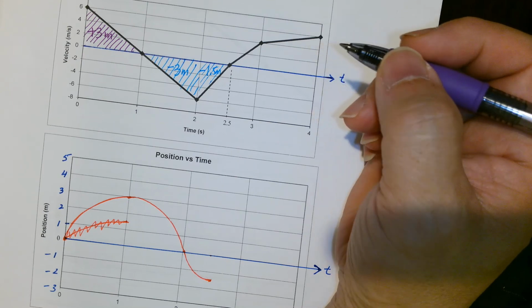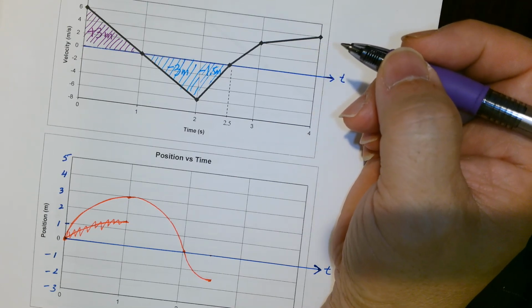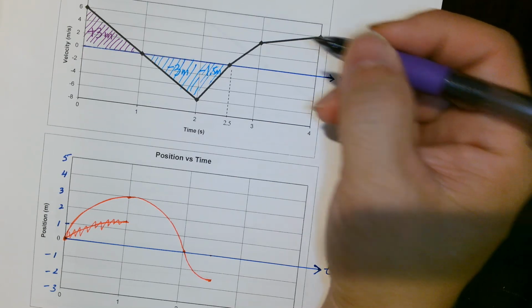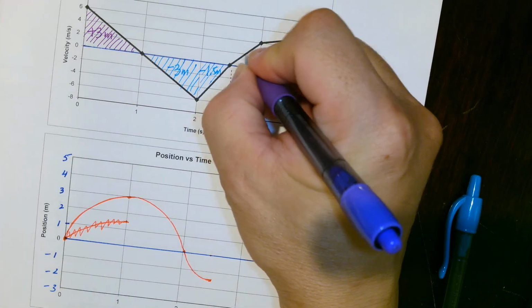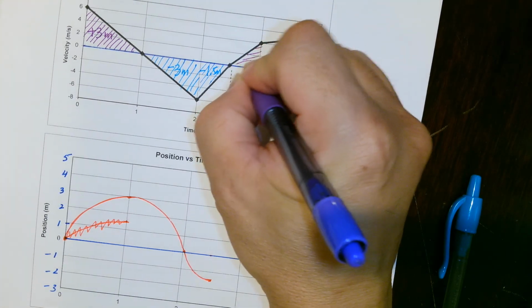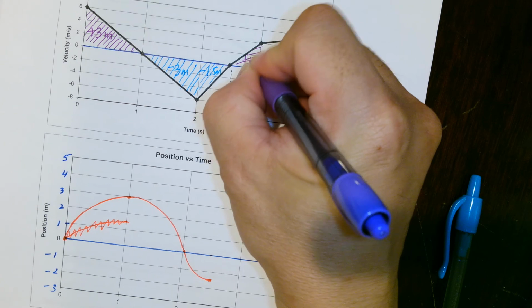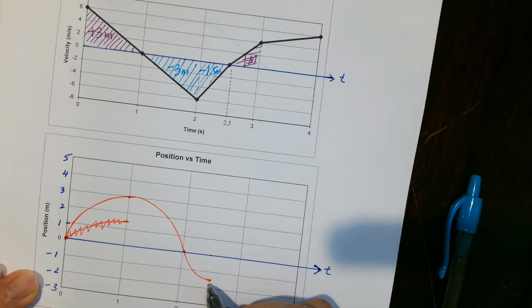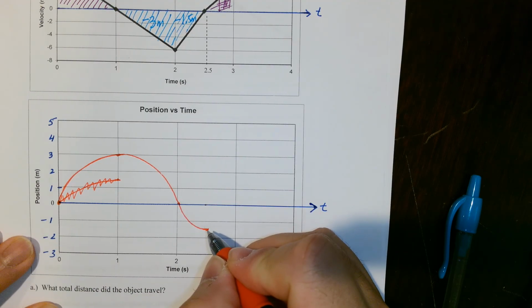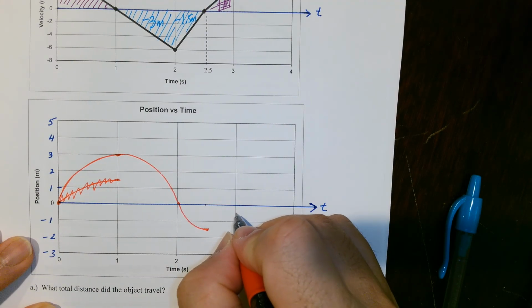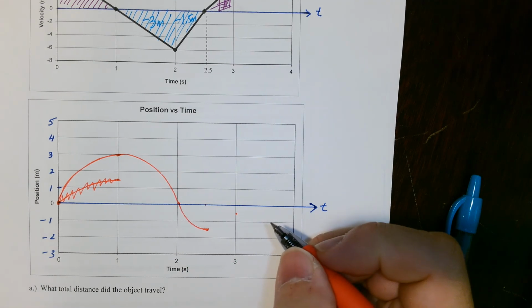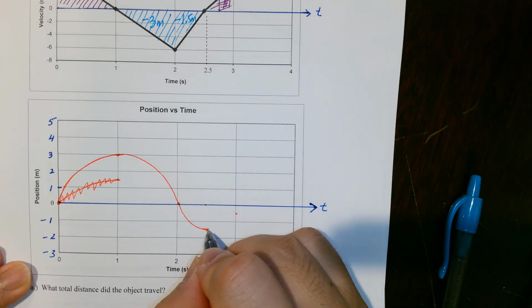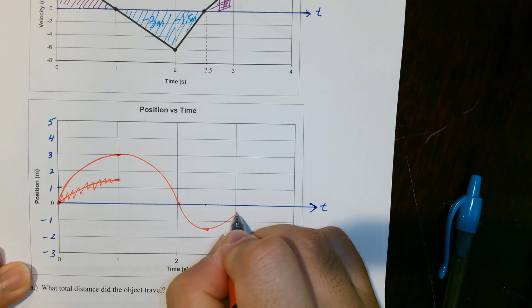How much did it go? 1 meter. Very good. So here we have 1 meter in the positive x direction. So it traveled from negative 1.5 to 1 meter. Okay. Like so.